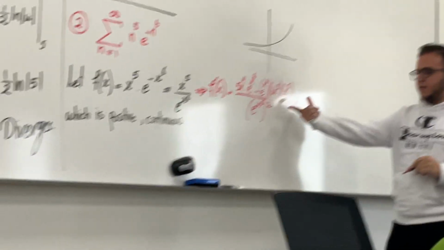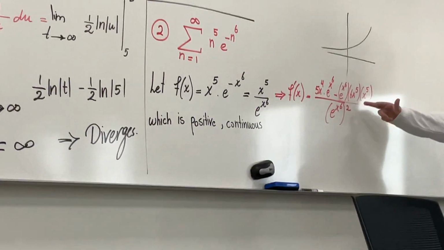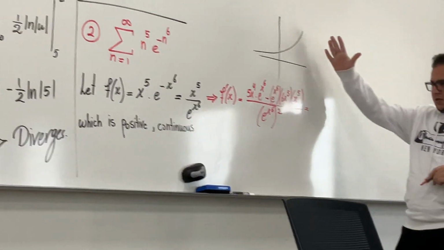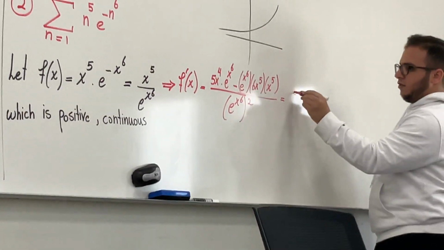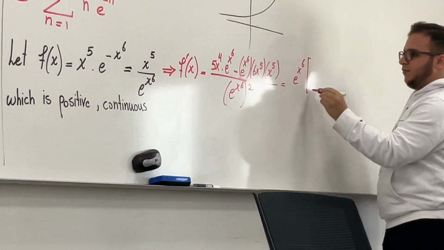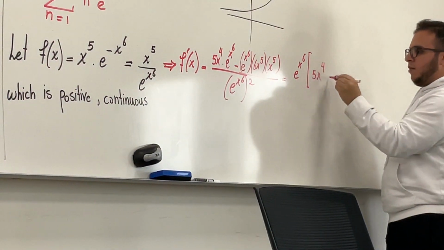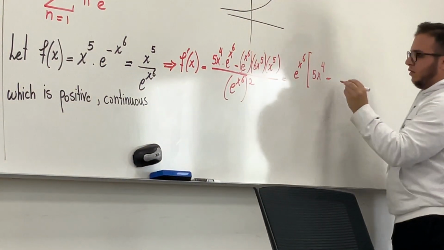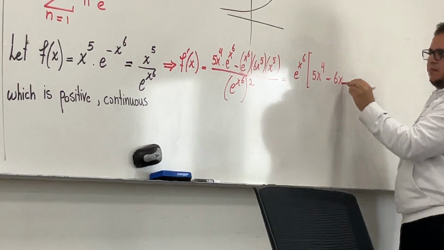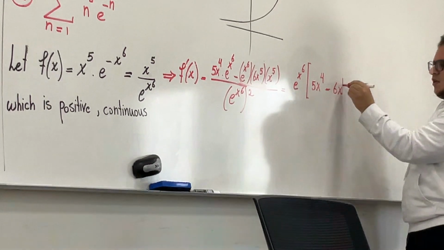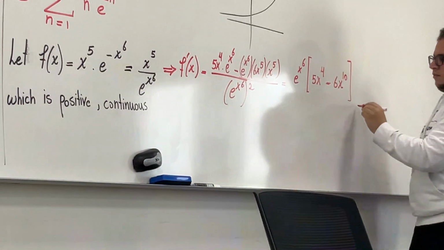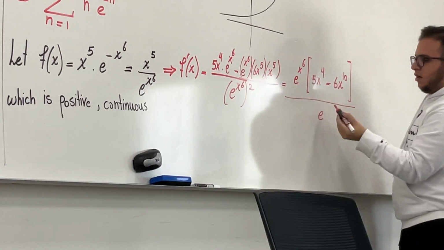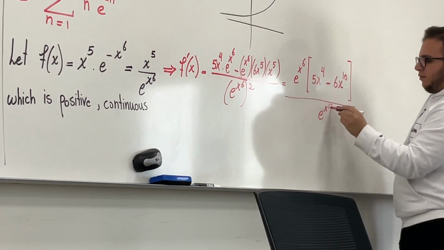Now, if you simplify this, if you take the e to the x power 6 out, what do you get? 5x power 4 minus this times that. So 6x power 10, and then e to the x power 6.